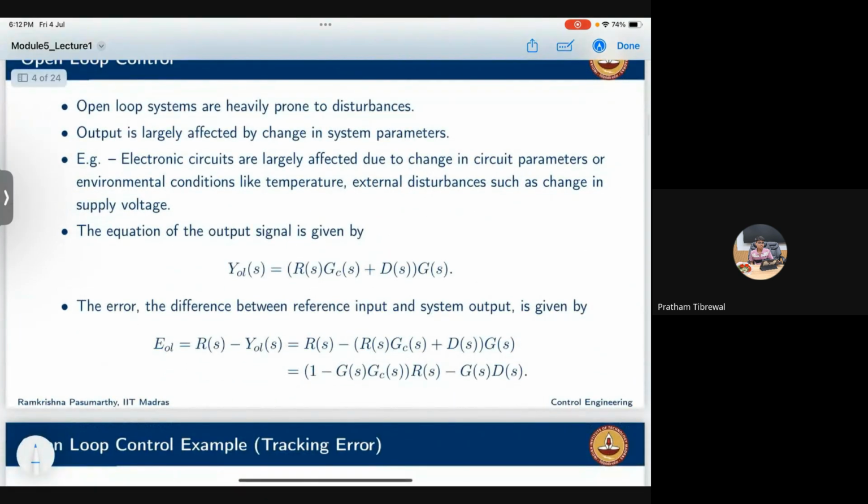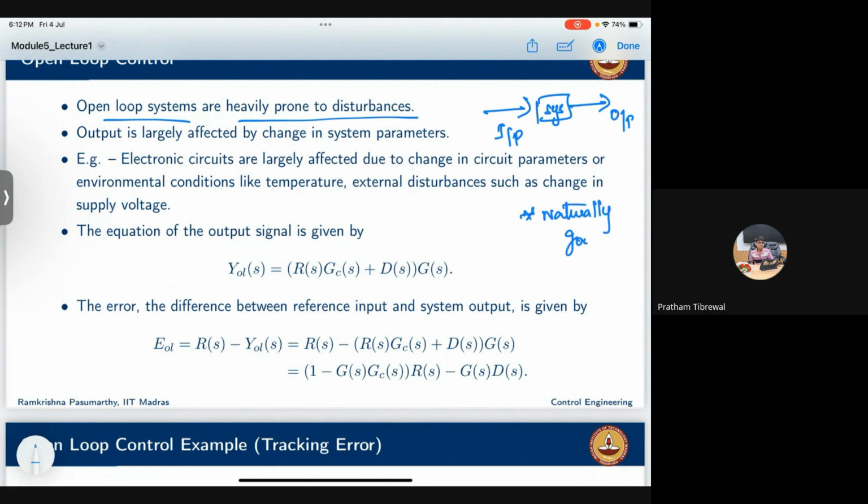And the main thing is open loop systems are heavily prone to disturbances. If I give some input to my system, the first criterion is it should be naturally good to give a desired response. The second thing is, even if it is naturally good, it should be able to reject the disturbances.